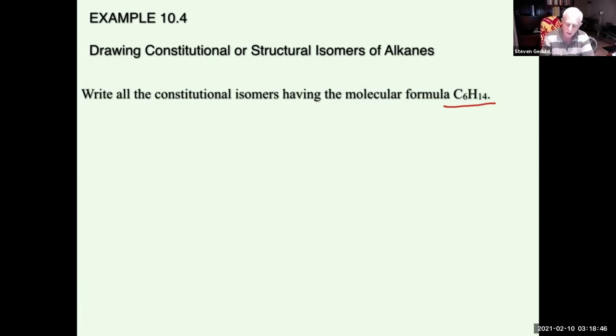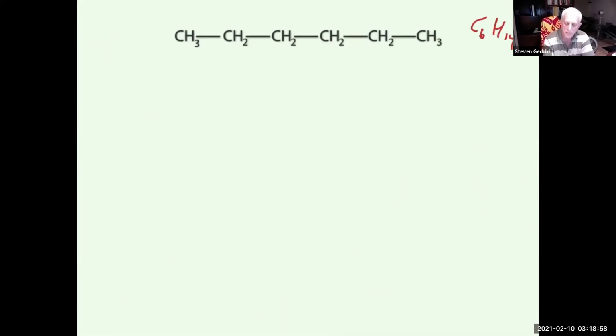Does that have 6 carbons and 14 hydrogens? Yes. Can we draw that differently? Sure we can.